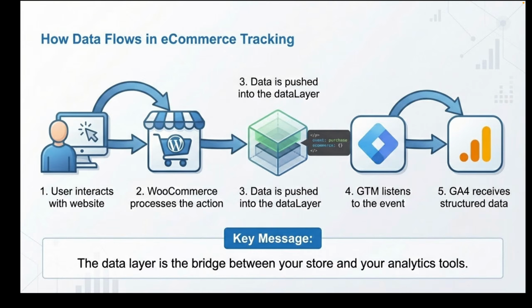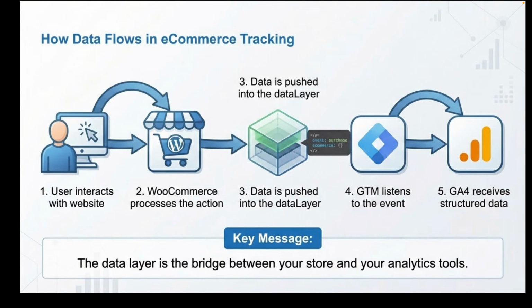After that, GTM listens to that event. When we configure GTM properly, when we tell GTM that this event means add to cart, please push it to GA4, GA4 will receive this structured data. So the key message is that the data layer is the bridge between your store and your analytics tool. That's how important the data layer is.